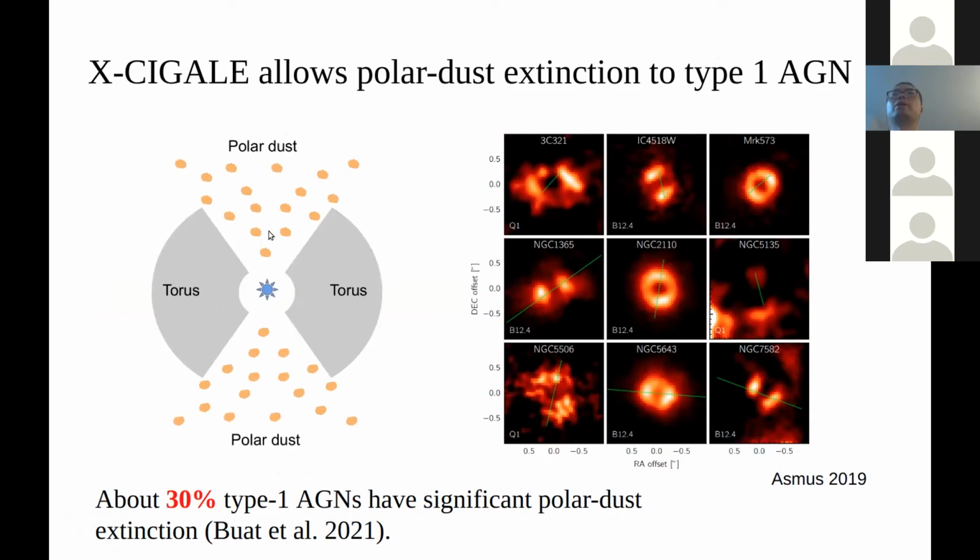And also in the optical UV SED, we see many extinctions for type 1 AGN. So we allow users to add a polar dust component in the polar direction for type 1 AGNs. And actually, we have a dedicated paper to test the polar dust. We found that about 30% of the type 1 AGNs have a very significant polar dust extinction. So it's quite important to introduce the polar dust.